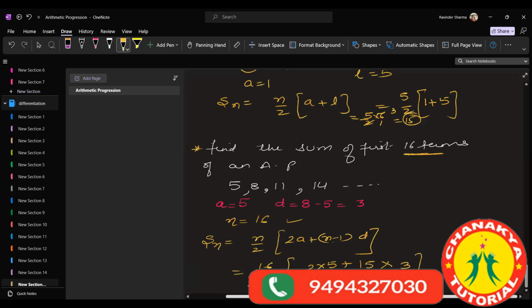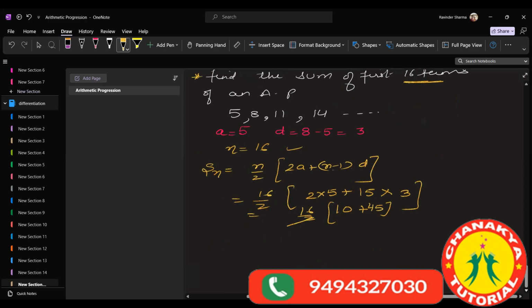Now just solve. 16 by 2 into 2 5s are 10, 3 15s are 45. 16 by 2 is 8, so 8 into 55. It will be 440. This is the answer. Yes, children, I guess it is clearer to you how to apply the sum of n terms formula. Yes, ma'am.